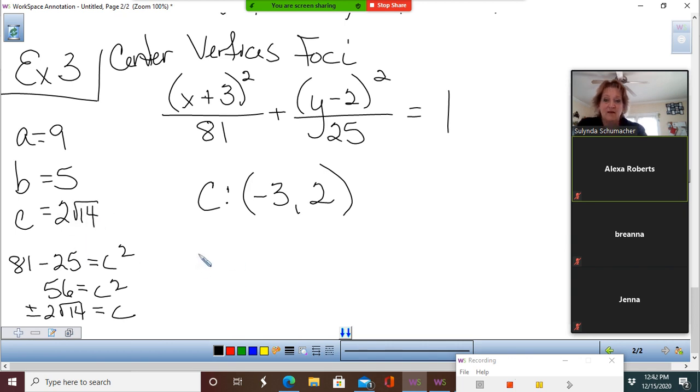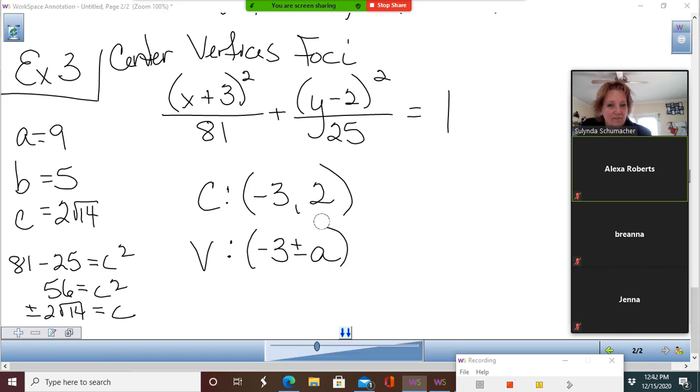When we do our vertices, this time it is stretched side to side. The bigger number is under x, so that's what's going to change. We take our vertex at −3, and we plus and minus the A value, comma 2.